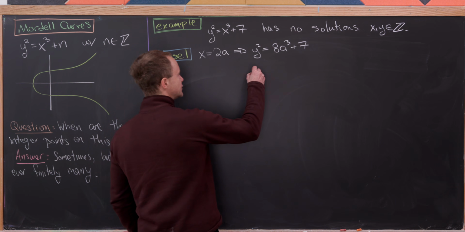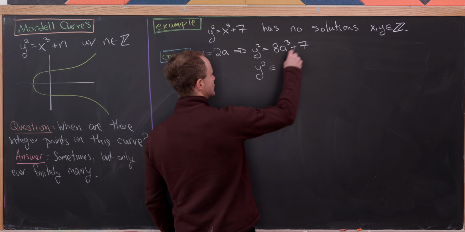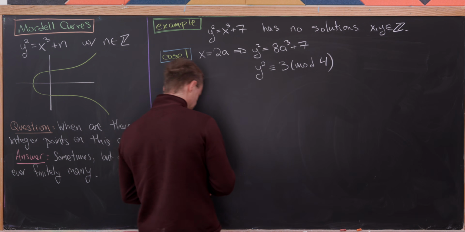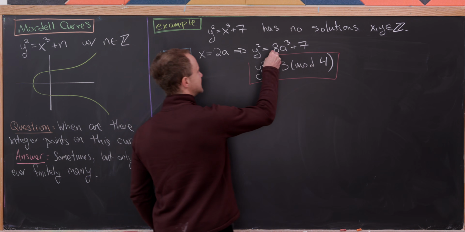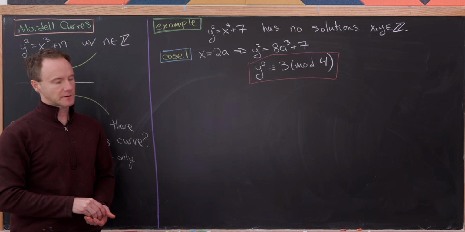Okay, so reducing mod 4, we'll get y squared is congruent to 3 mod 4. And that's because 8 is a multiple of 4, so it's 0 mod 4, whereas 7 is 3 more than a multiple of 4.